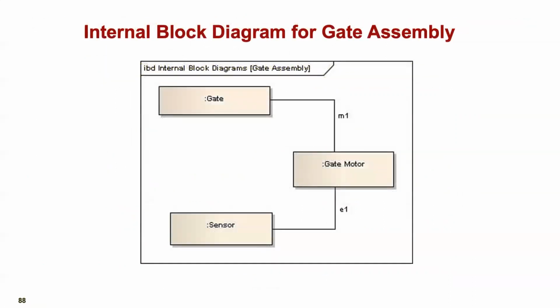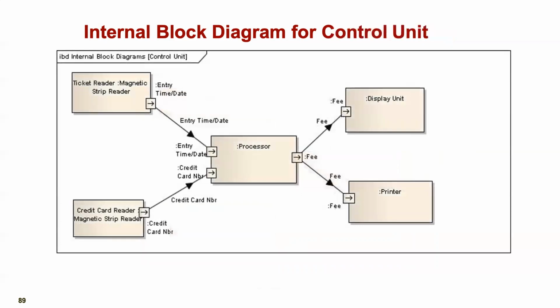Here is an internal block diagram for a gate assembly. And so we see that the gate monitor and the sensor, those are all laid out in this diagram. Here we see an example for a control unit. So we have a ticket reader or a credit card reader. Those both can be fed in.